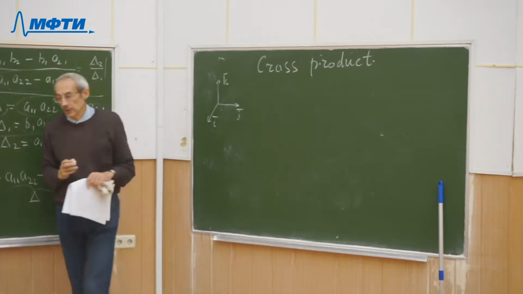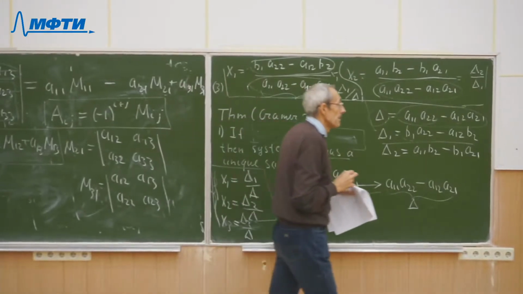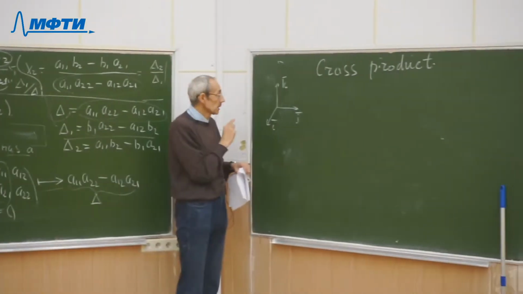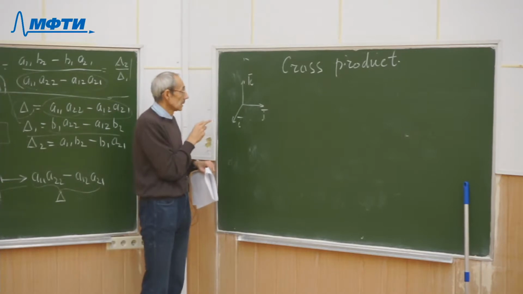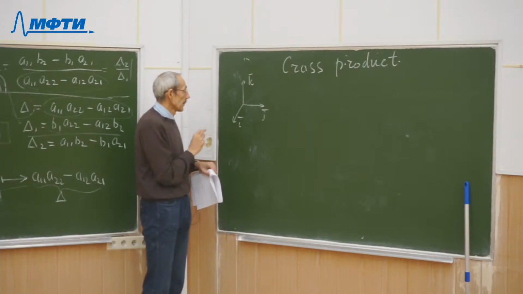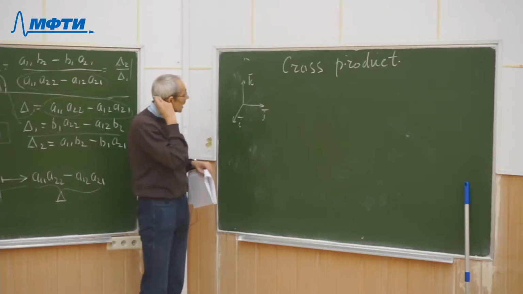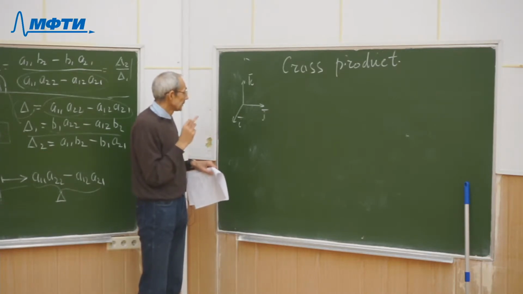The three vectors form an orthogonal basis, and the length of each vector is equal to 1, unit vectors, which are orthogonal one to the other.